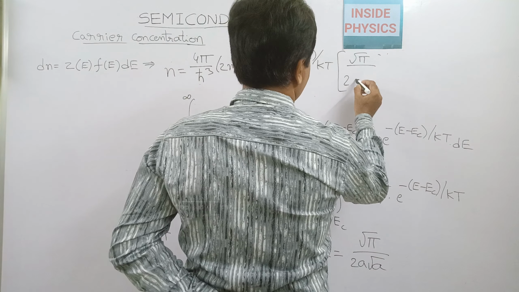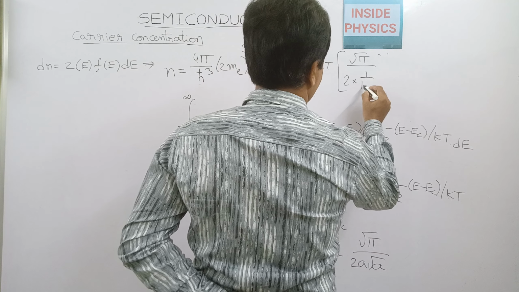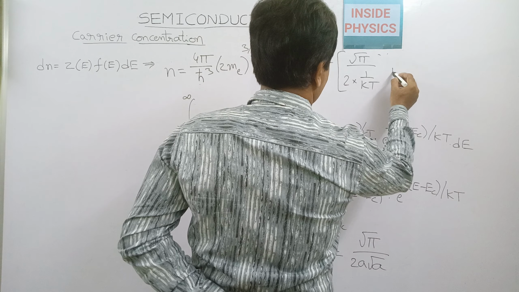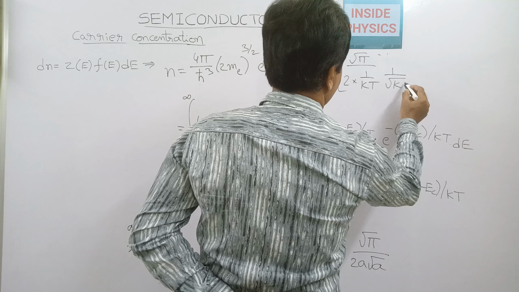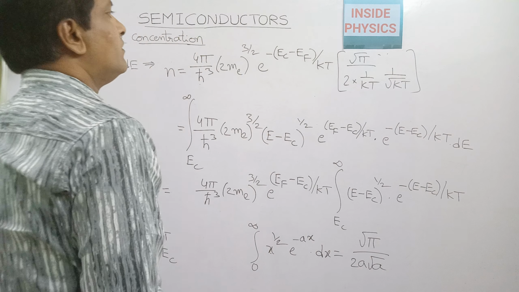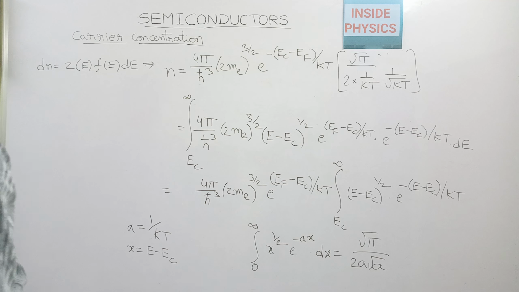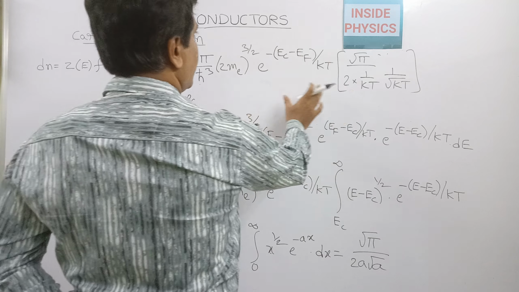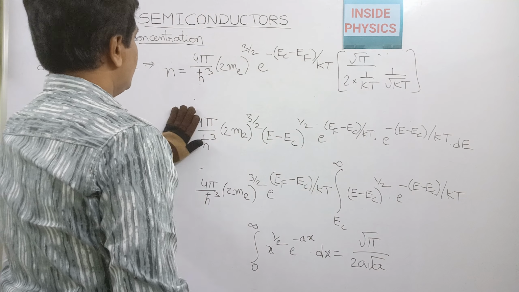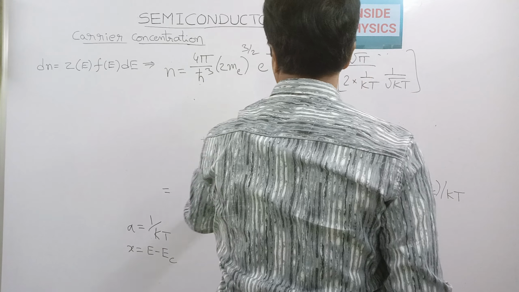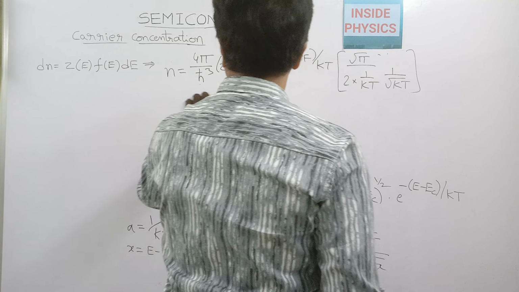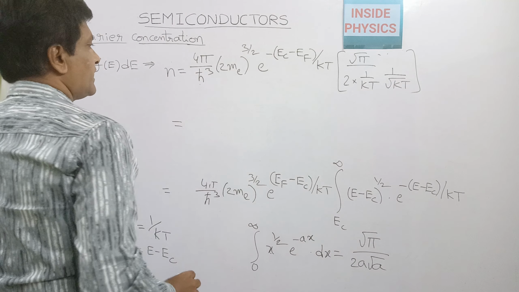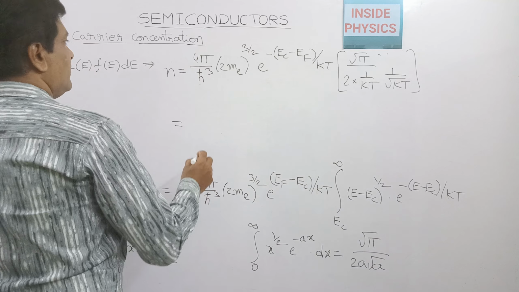So if you take a as 1 by kT and root a as 1 by root of kT, this is the form which we have taken. This entire integral is taken into this form. So we'll go step by step. You concentrate on each step, how I am getting slowly into the final derivation.